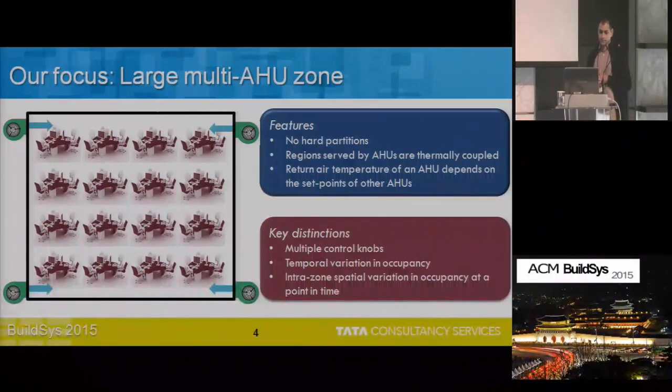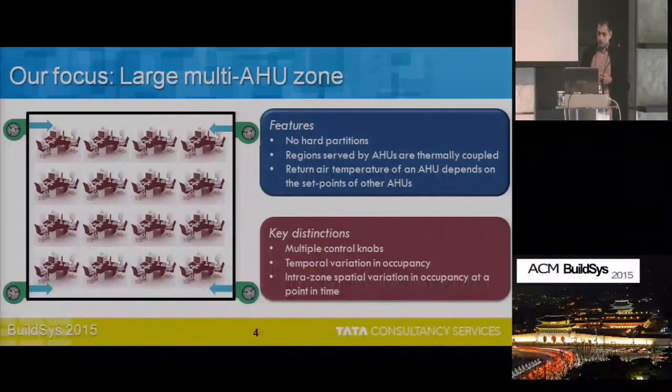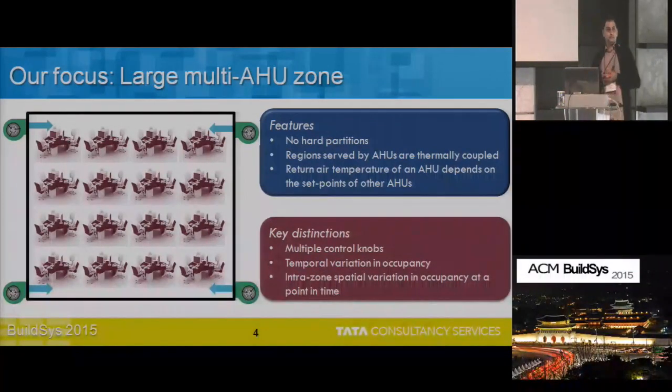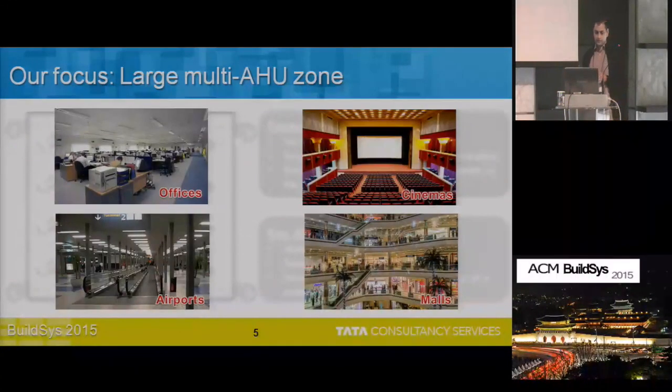The key distinction here being that in addition to the temporal variations in occupancy, you can also see occupancy varies significantly spatially at any point in time. You can find these kind of configurations in large office spaces, in airports, cinema halls, and malls, just to cite a few.